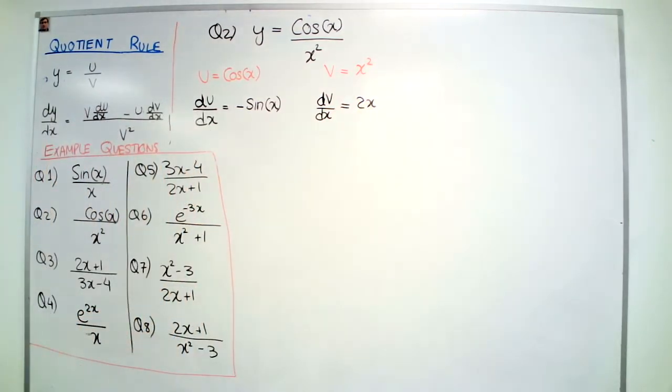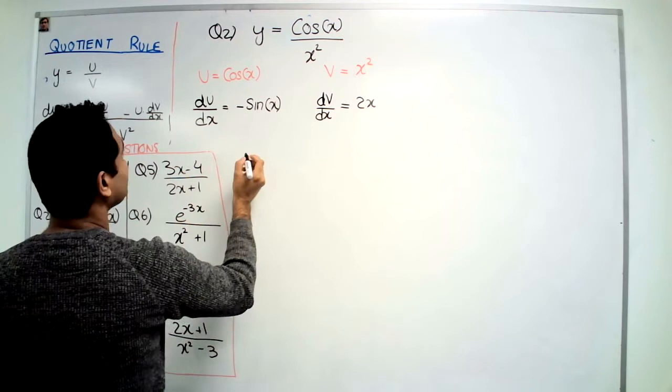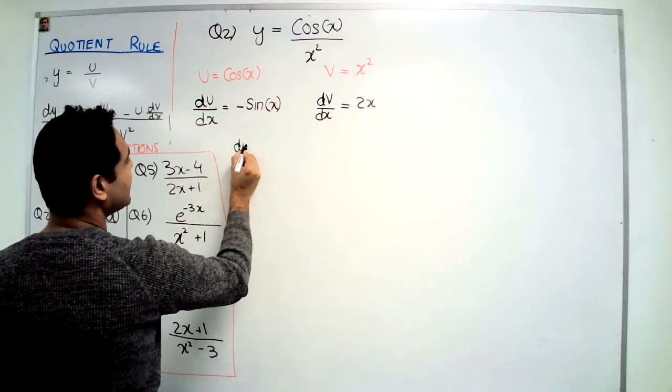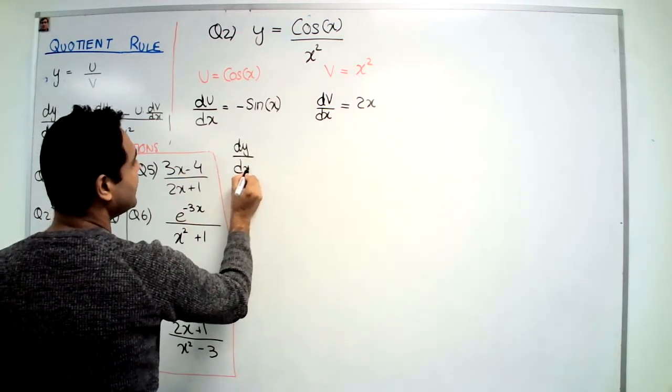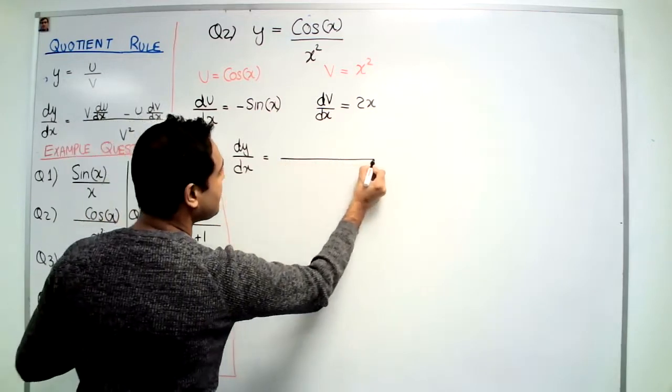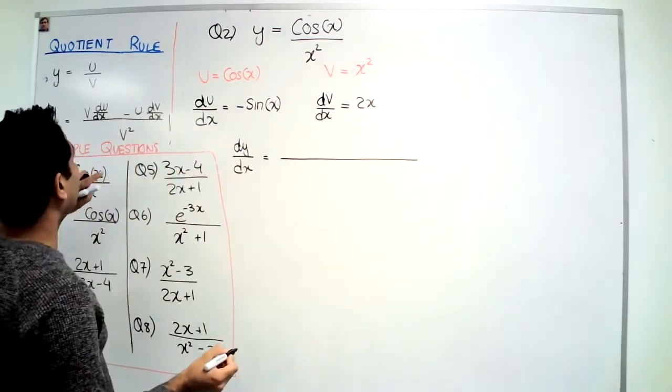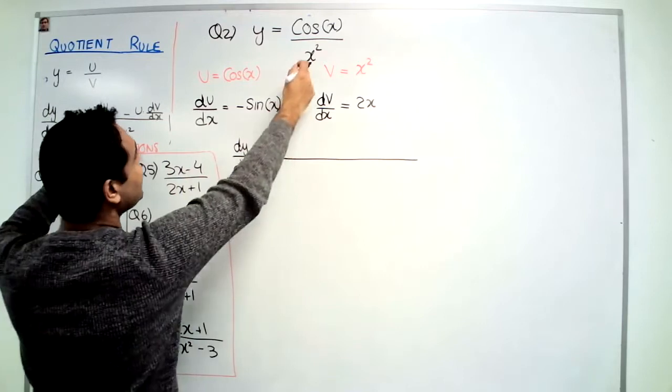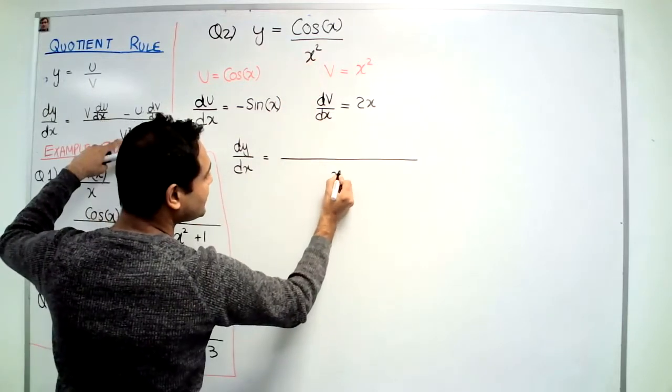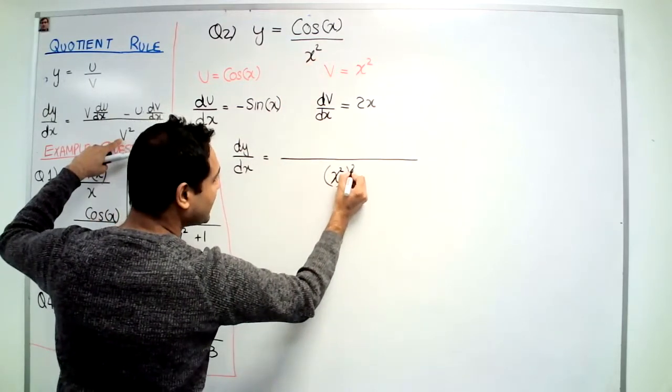Now I will follow the quotient rule and just put in the values. According to the quotient rule, if I want to find dy over dx, I need v squared. v squared is x squared, so I need the square of that.